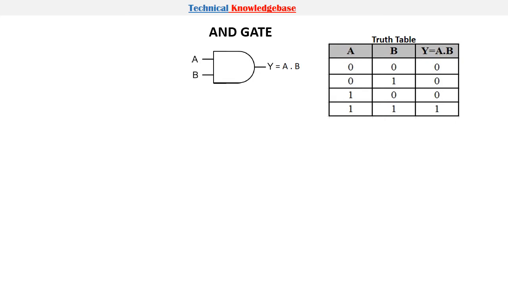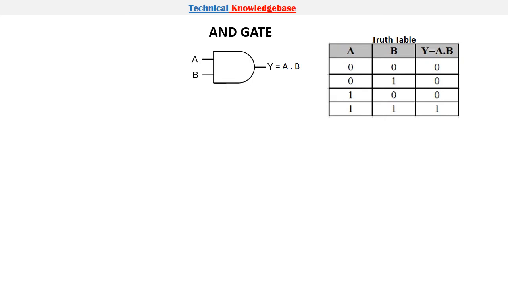Next we will study the AND gate. The AND gate is the multiplication of the inputs. You see the symbol: A and B are the inputs and A into B is the output, the multiplication of the two inputs. This is the truth table for the AND gate.